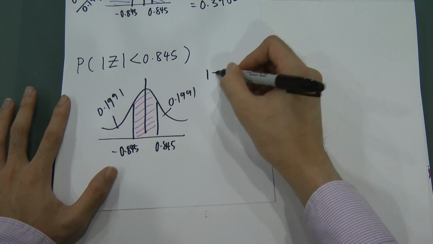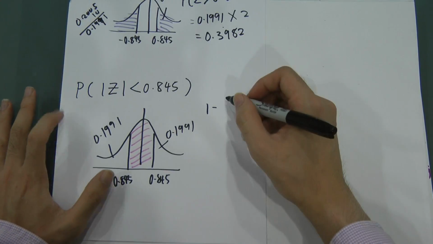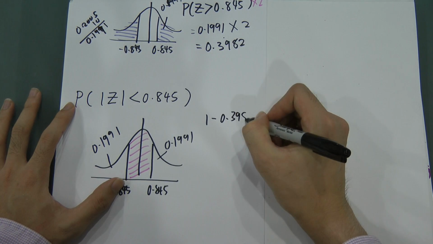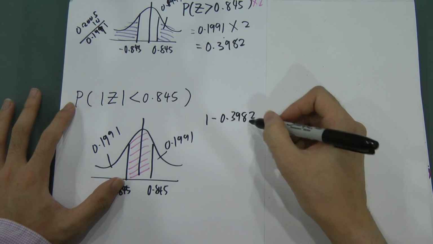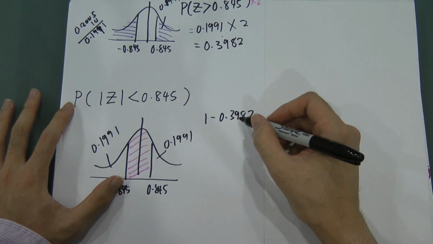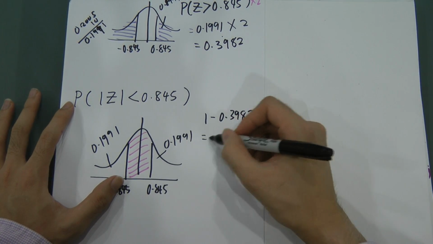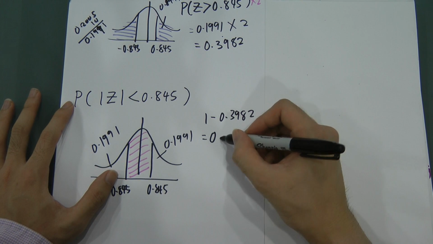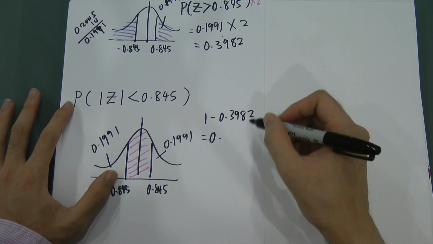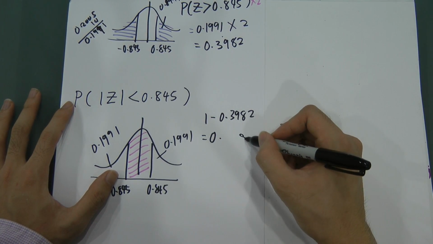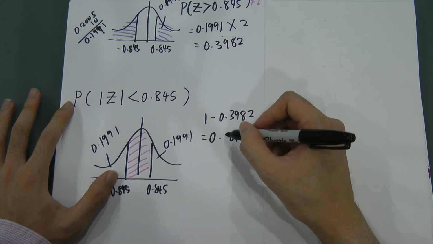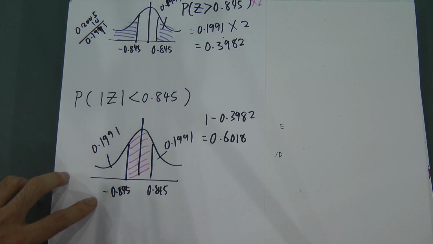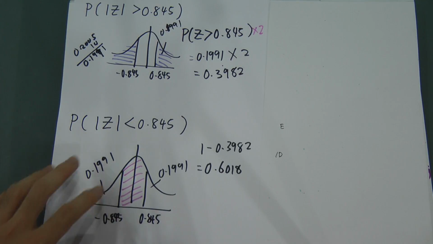So I use 1 minus the whole thing in the calculation above, which is 0.3982. Then I can get the area in between. So 1 minus 0.3982, the area I got will be 0.6018.